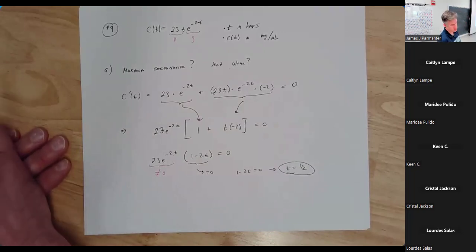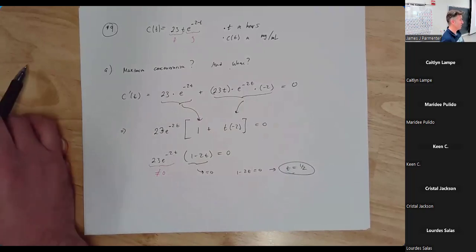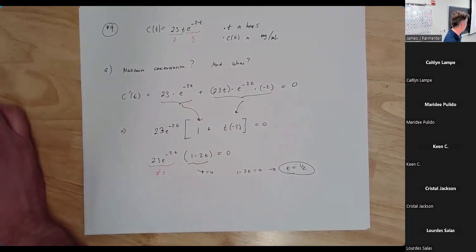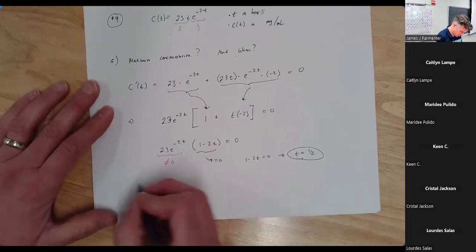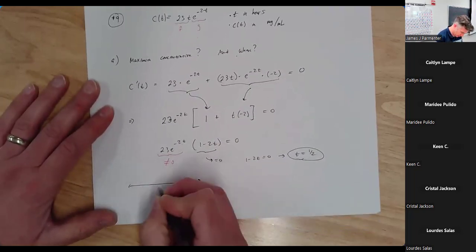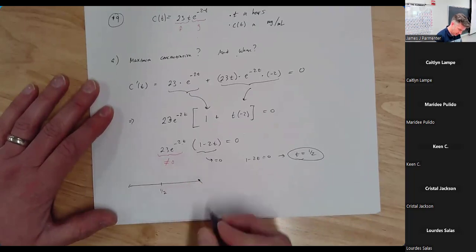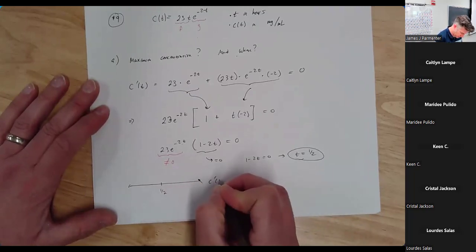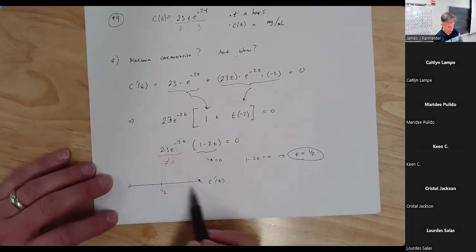So if I was asking this question on a quiz and expecting people to do all the work I wanted to see, you would actually need to show me it's a maximum. And the way you show it's a maximum is by the first derivative test. So I'm going to, on my number line here, I've got my 1 critical point, 1/2. I've got my derivative. And then I'm going to pick a number on either side.